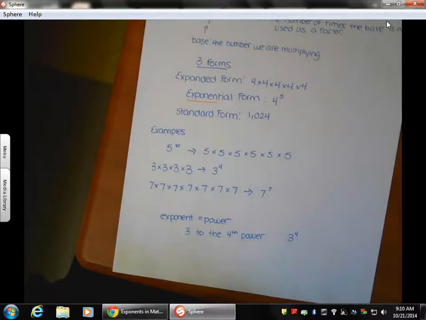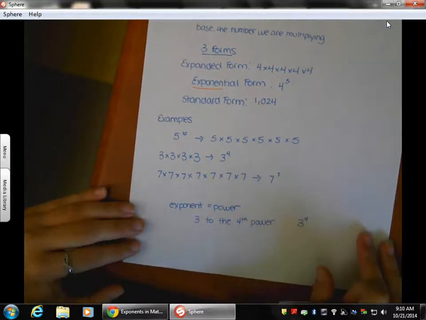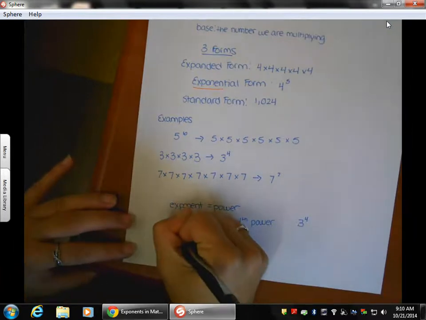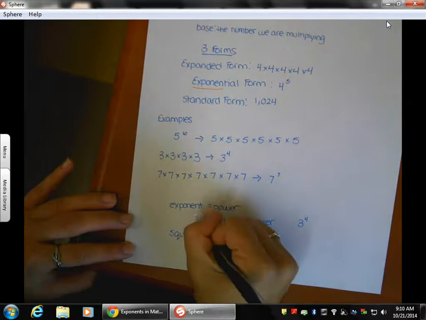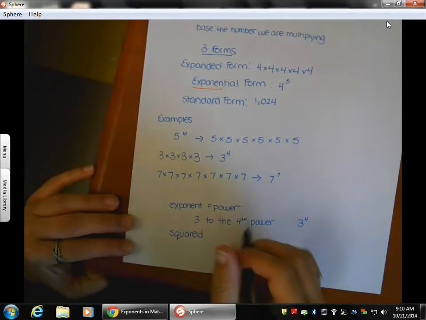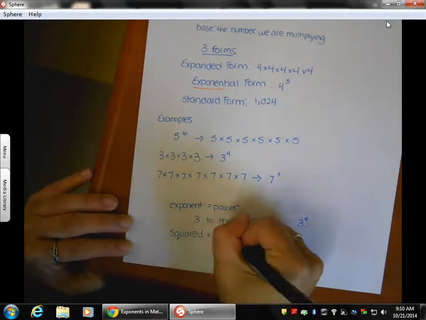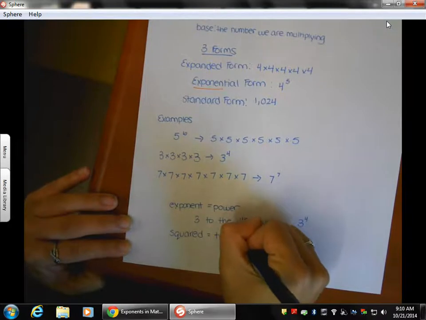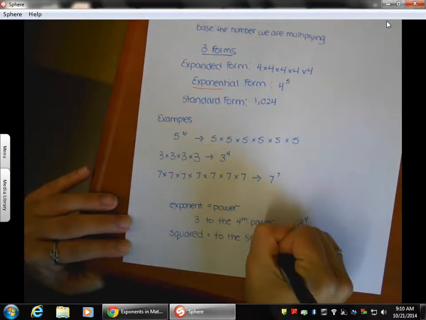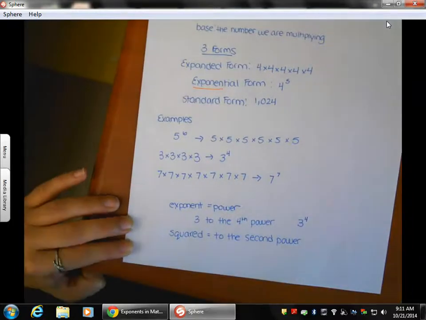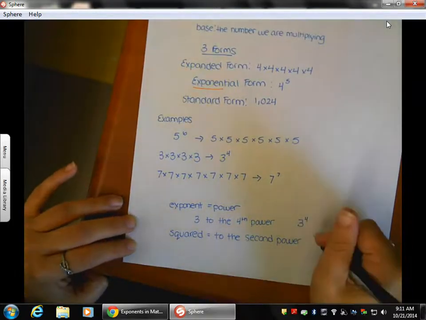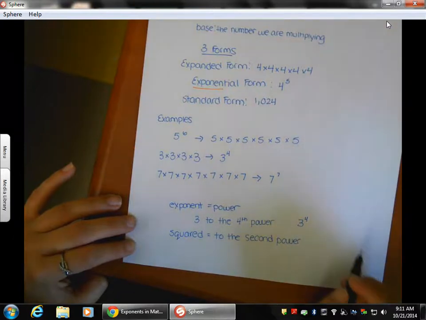The other two vocabulary words or language that I would like you to know are squared and cubed. When you square something, it means you multiply it twice. So this could be the same thing as 2 to the 2nd power, which we now know means a little 2 small exponent.